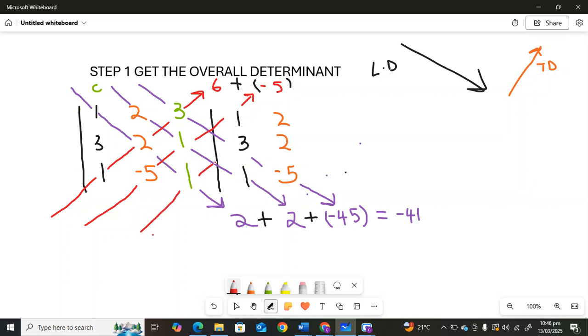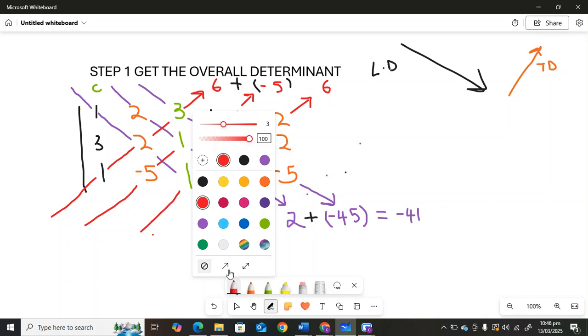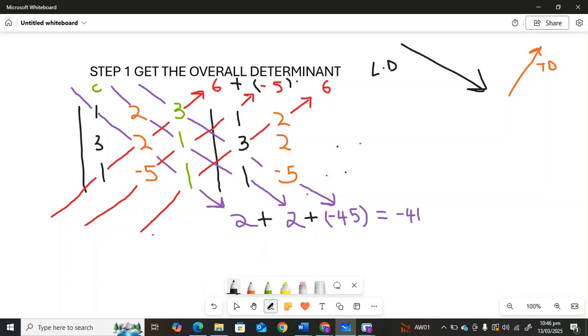One times 3, that is 3. 3 times 2, that is 6. Six plus negative 5, positive and negative make negative, 6 minus 5, that is 1. 1 plus 6, that is 7.